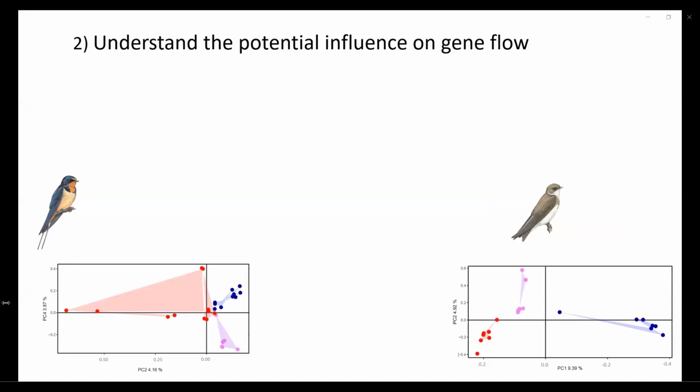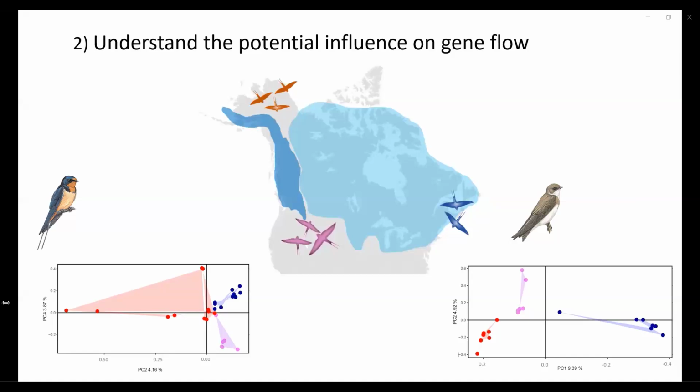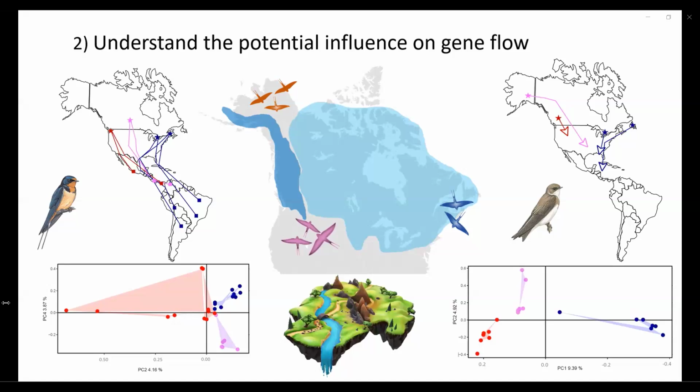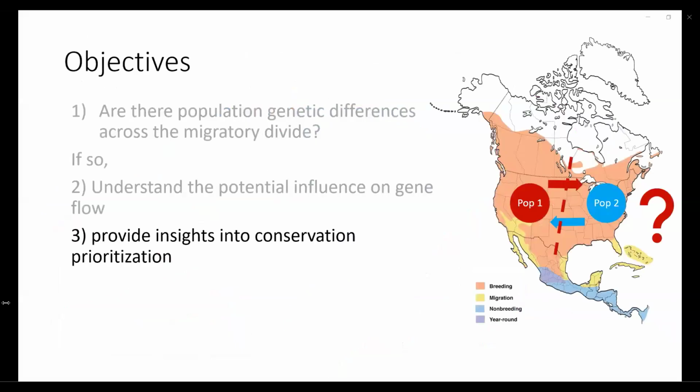The most likely explanation for our results is that different populations resided in separate glacial refugia during the last ice age, shaping their migratory routes. Also, historical events and contemporary barriers like the Rocky Mountains and rivers further influenced their migratory paths, resulting in the genetic structure that we can observe today.